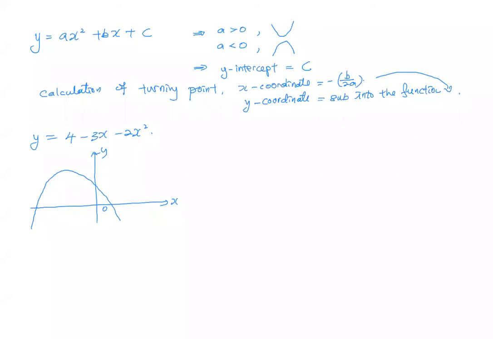This is negative 3 over 4, and this is 41 over 8. And here is 4.